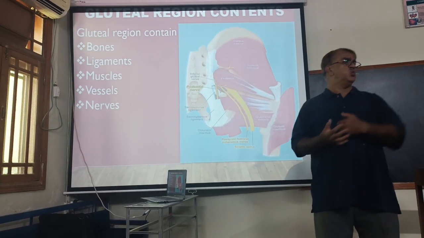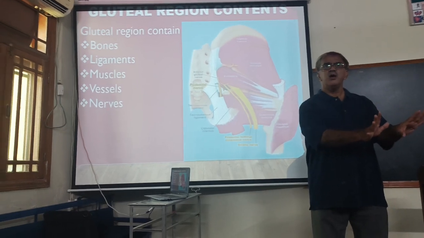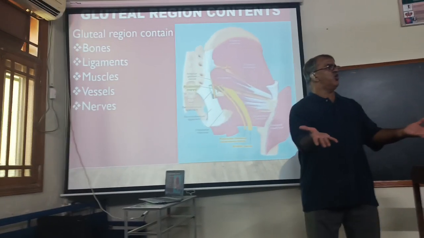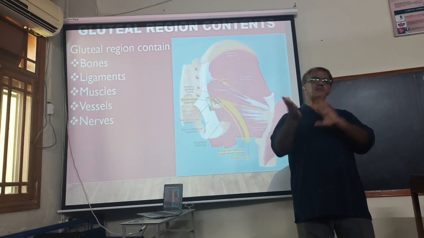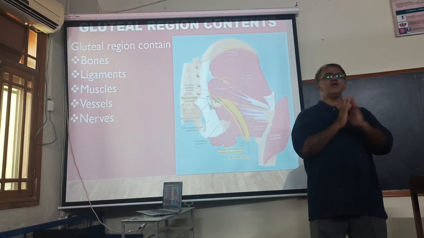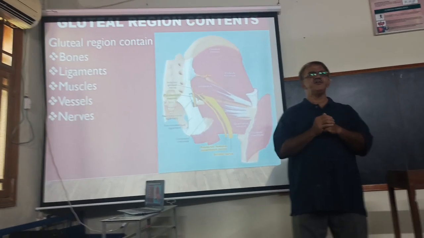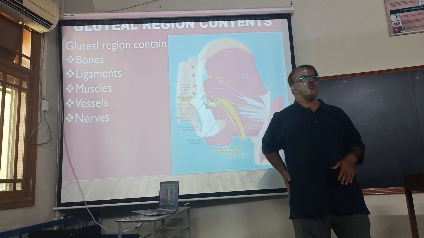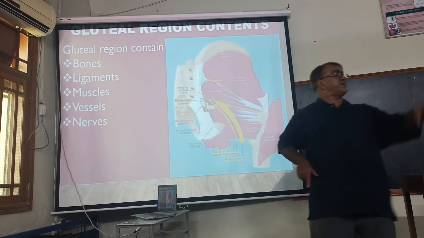We have other two gluteal muscles, which are arising from the gluteal surface of the ilium. They both are arising from the gluteal surface. You should have an idea of that. See the pattern.